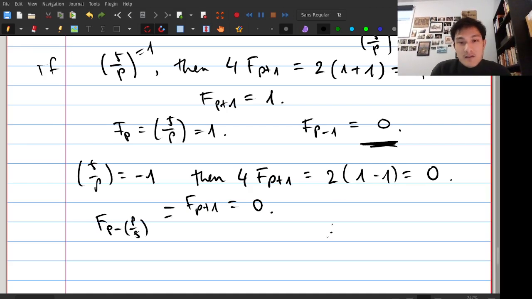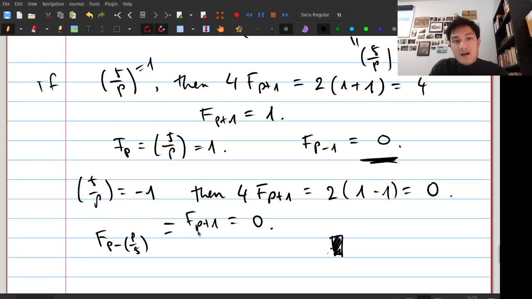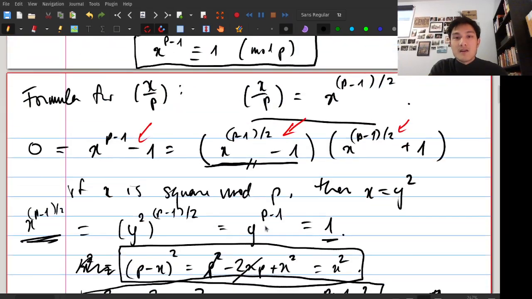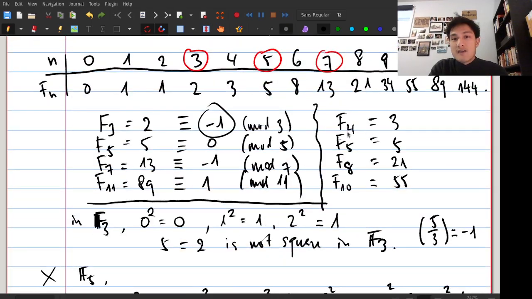So we've proven both cases. So in either case, f p minus the Legendre symbol is going to be equal to 0 in F p, which means that it's a multiple of p, which is something that we saw way at the beginning, that f of p minus the Legendre symbol seemed to be a multiple of p for all p. This includes 5, but I'm not even sure if our proof required that p is not 5, but whatever, we've already shown the case p equals 5 separately.